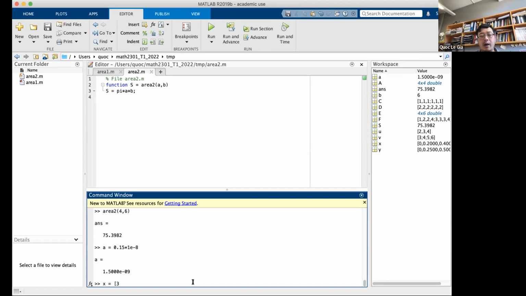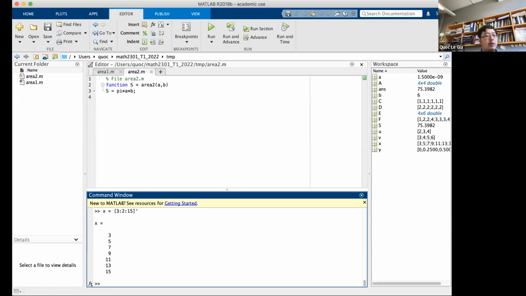Well, you can write it out like this, but I think this is a long way. You start with 3, increase by 2, stop at 15, and then take a transpose. Then it's a very fast way to define the column vector.